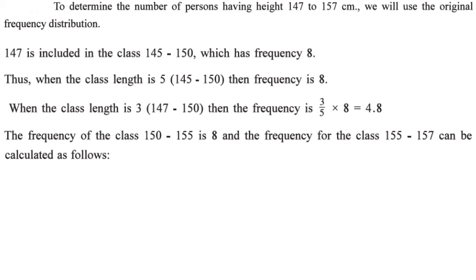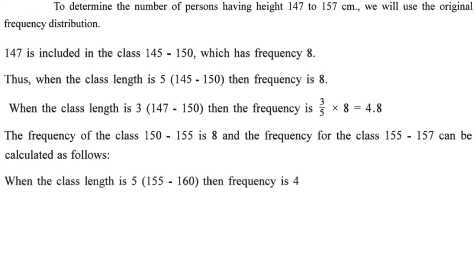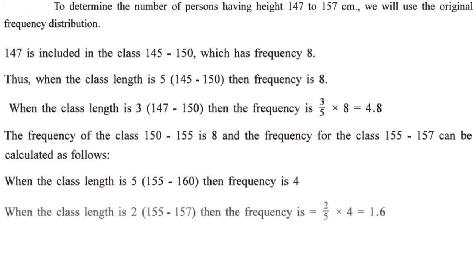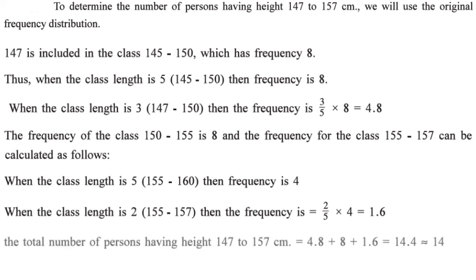Next, 155 to 157, we do the same thing. 155 to 160 has class length 5, frequency 4. So for 155 to 157, the class length is 2, and the frequency will be 2 upon 5 into 4, which is 1.6. So we need to total 4.8, 8 and 1.6. We get 14.4, and on average the answer is approximately 14.